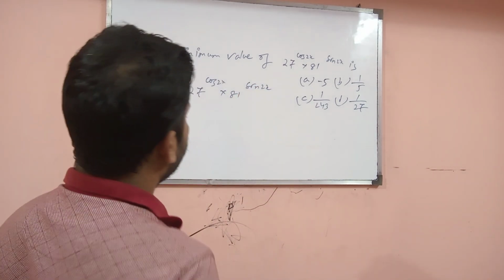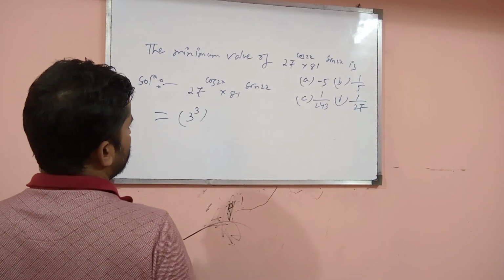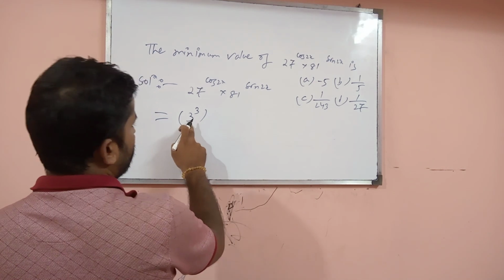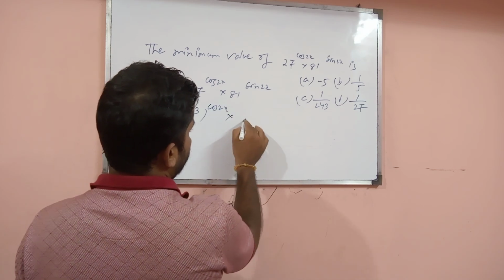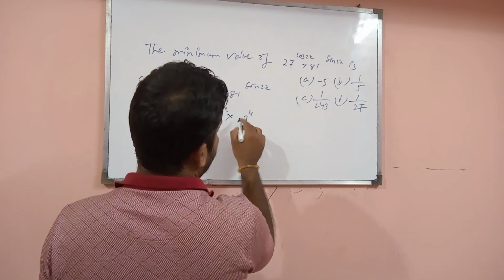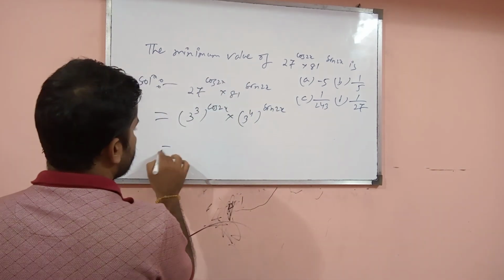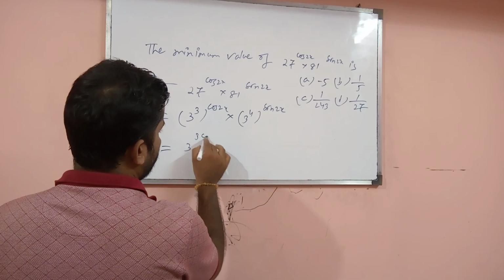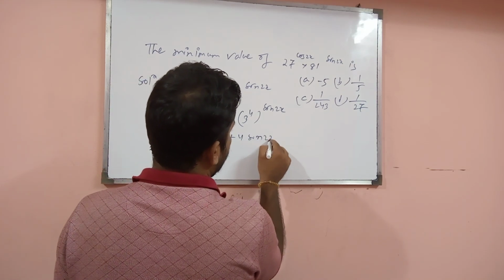As we know 27 is equal to 3 cube, so it is (3 cube) whole to the power cos twice x and (3 to the power 4) whole to the power sine twice x. So finally it will be like 3 to the power (3 cos twice x plus 4 sine twice x).